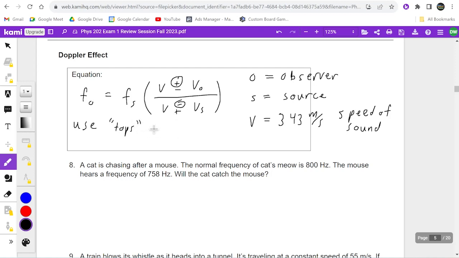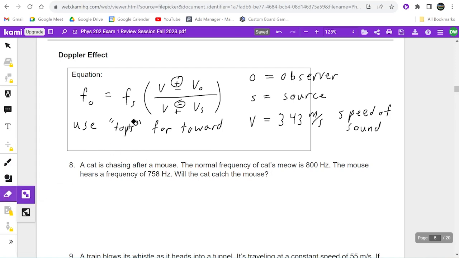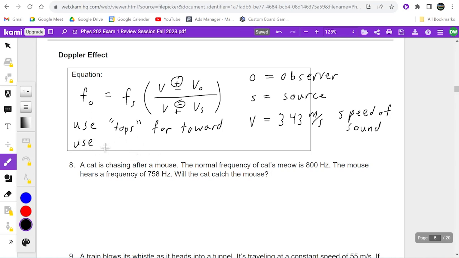We're going to use the tops when you're moving toward the object, or the object's heading towards you. That looks like it says toys. I just want to be clear, that's a P. It says tops. And then you're going to use the bottoms if they're moving away, like the objects are heading away.